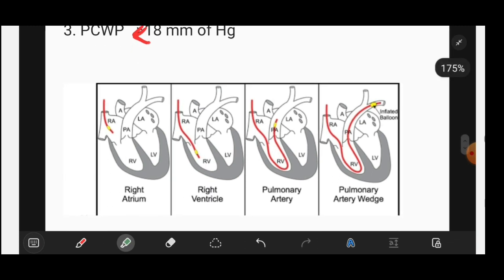You can see here that the catheter is going from the right atrium, then the right ventricle, and from the right ventricle to the pulmonary artery. The balloon is inflated here. From this we can measure the pulmonary artery pressure. This will be the pulmonary capillary wedge pressure.